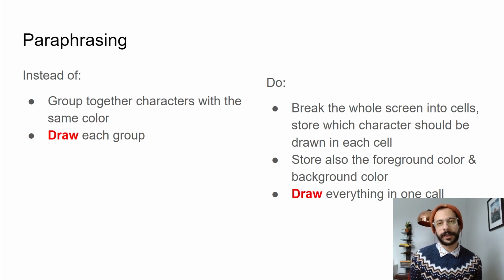But if they had different colors, now you couldn't do that because you needed to send the color to draw along with the character to the GPU. So they had a clever algorithm to group together all the characters with the same color and then draw each group together. But if you had a lot of different groups, if the characters kept changing colors, it got really, really slow.